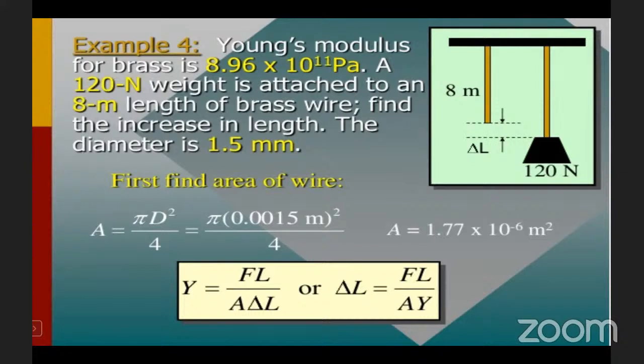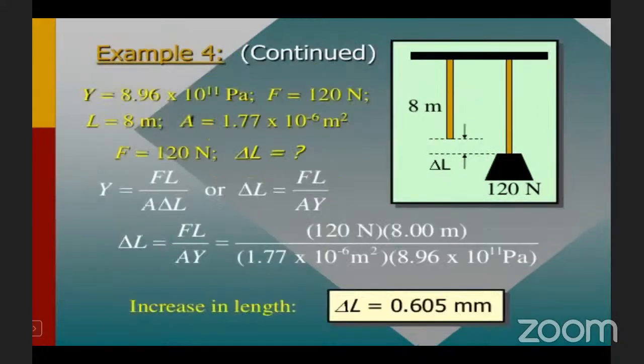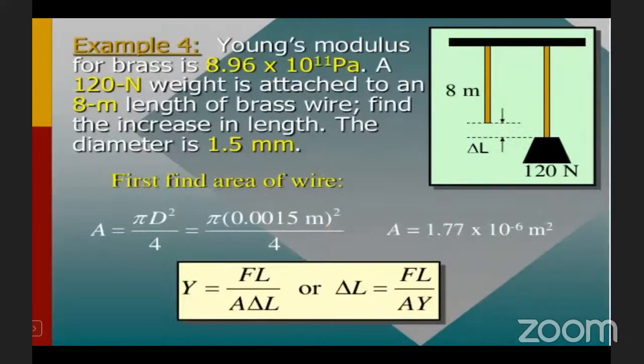So see here, first observe clearly and understand the problem. Young modulus of brass, Y, is 8.96 × 10^11 Pascals. The applied force F is 120 newtons and the length is 8 meters of brass wire.